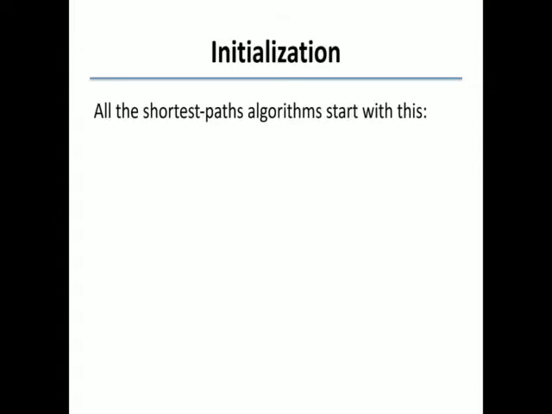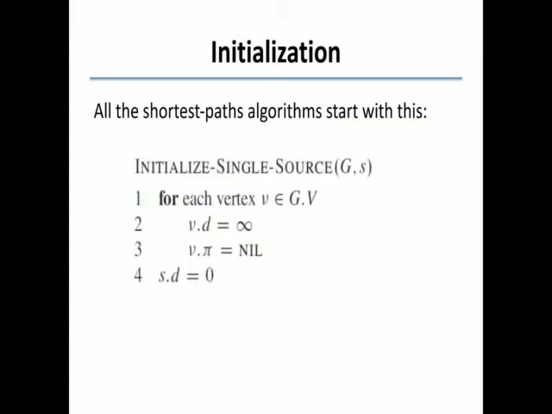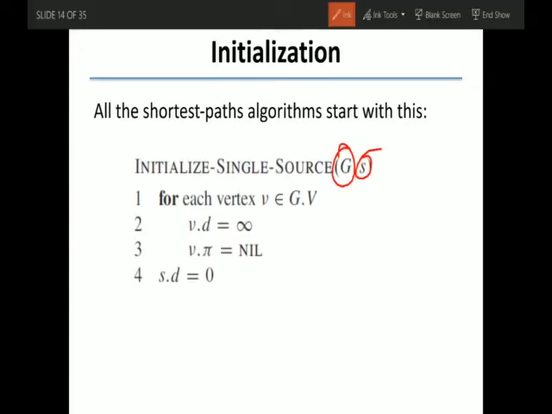All the shortest path algorithms start with this initialization. We initialize single source: we are given a graph and a source vertex, and for each vertex v in the set of vertices, we initialize v.d to infinity because we have not calculated it yet, and v.π to null, that is there is no predecessor of the vertex yet.